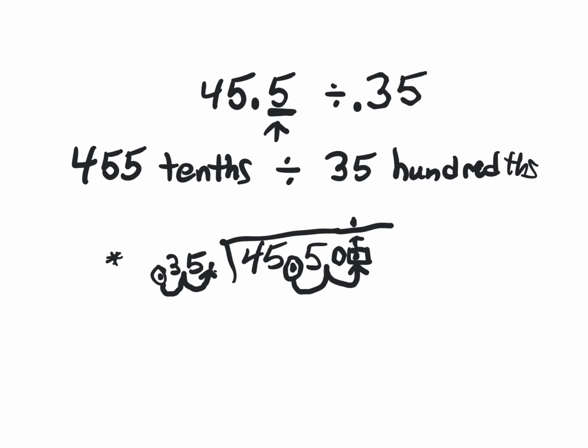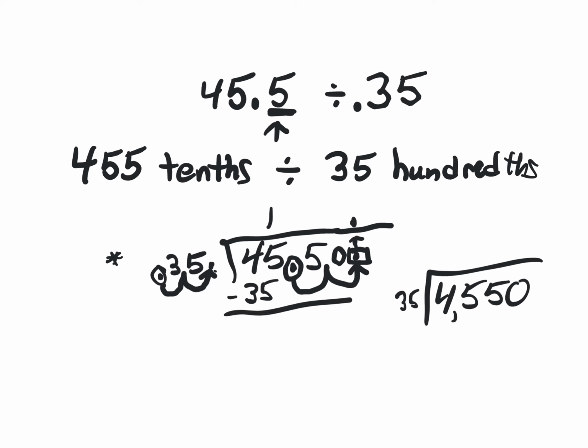And now we can do our normal division of 4,550 divided by 35. So 35 goes into 45 once, we subtract, we get 10, we bring down the 5, 35 goes into 105 3 times, which is 105, we subtract, we get 0.